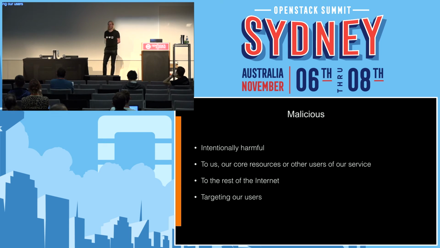It could be things like spam or other things that might not be illegal, but you still consider it harmful. But it could be harmful either to us, to our core resources, or other users of our service. It could also be a problem for the rest of the internet if it's our users attacking the rest of the internet. That's of course something we don't want to see.